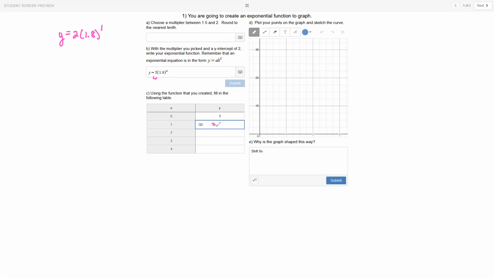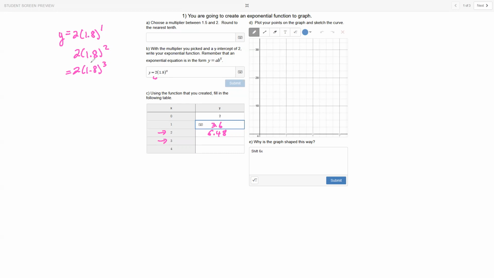So I'd type 3.6 here. Then for 2, I do 2 times 1.8 to the second power. You don't do 1.8, do whatever number you have. And I get 6.48. Now I'm going to plug in 3, which would be 2 times 1.8 to the third power. Put this in my calculator.